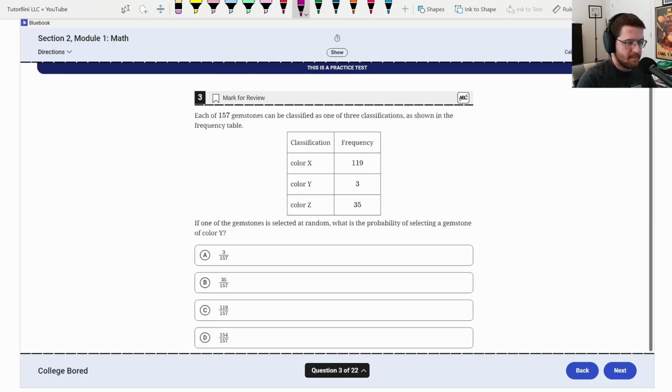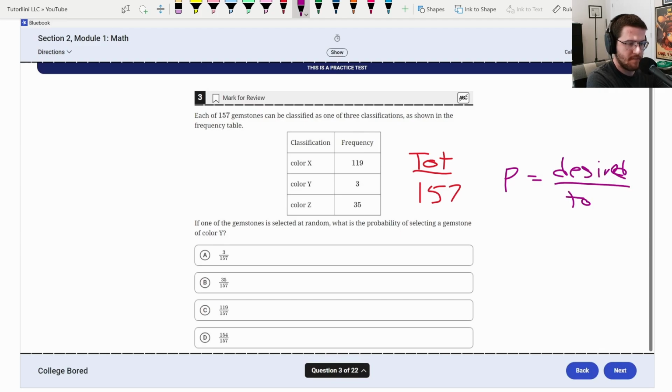Okay, question 3. So first thing I'm going to do is add all these up to get the total. So if you do all that on your calculator, 119 plus 3 plus 35, you should get 157. And probability is the desired outcomes over the total outcomes.